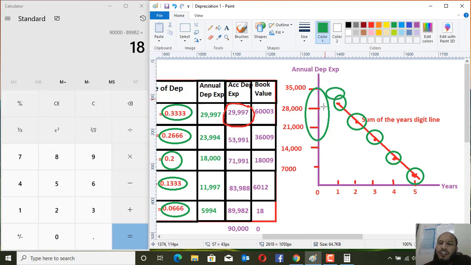So for that purpose the company will charge a higher rate of expenses to reduce the tax burden upon them.